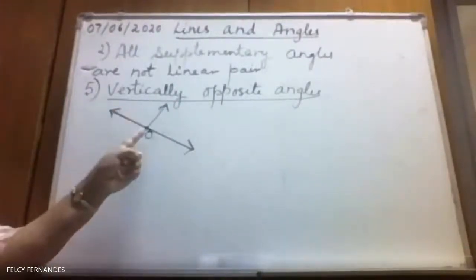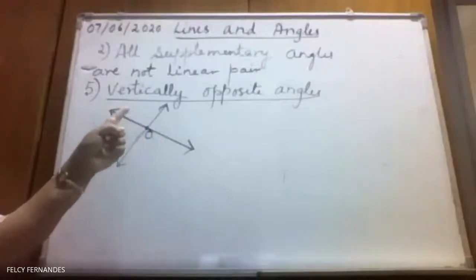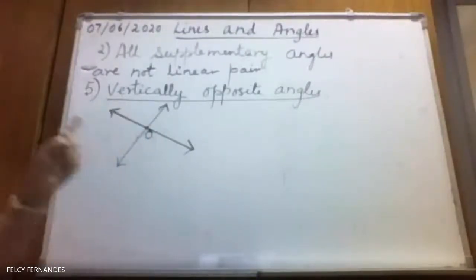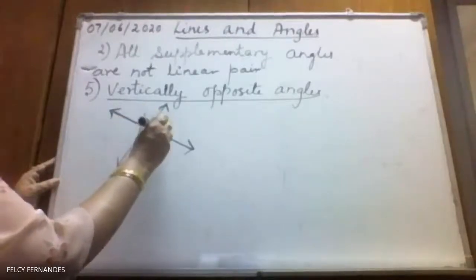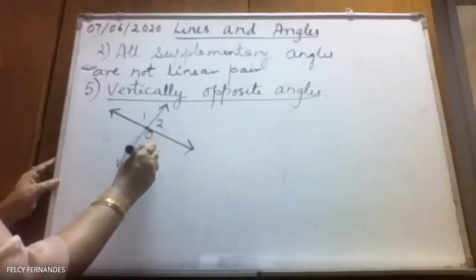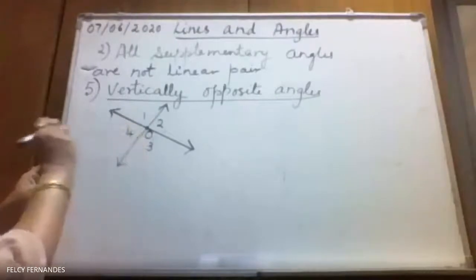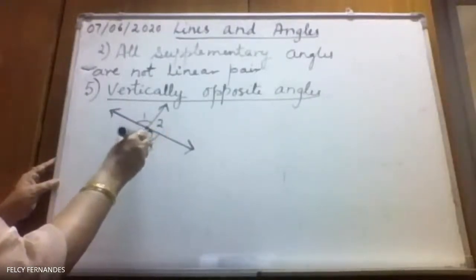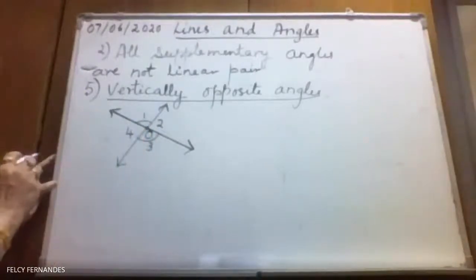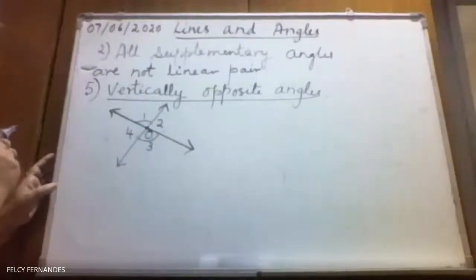And at that meeting point, we can see four angles are formed. Here one angle, here two, here the third angle and here the fourth angle. Now, if you see the first angle and the third angle and you measure them, it will be the same measure.